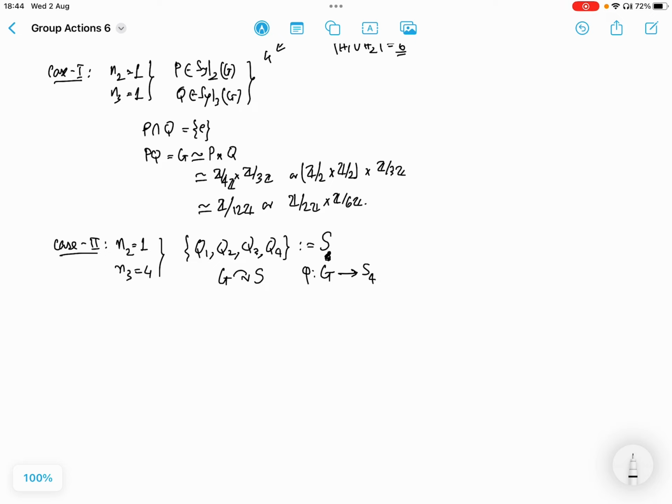And now let's see the kernel of this action. So kernel means what? That if g is in the kernel of this map, that means g Qi g inverse is fixing Qi, right? So this should hold for all i. That means g is in the normalizer of all those Qi, right? That is the first observation.